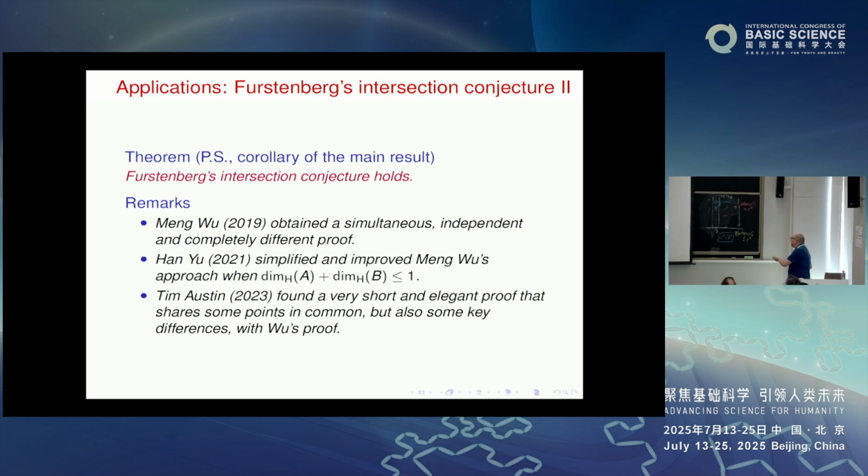Okay, and as mentioned in Moon's talk, Han Yu simplified, in some sense, and also made more quantitative Moon's idea when the sum of the dimensions is small, and then Tim Austin found an even shorter proof. These three proofs are dynamical in nature, and in some sense, all three are based, as Moon said, on an idea that Furstenberg already had in his original paper.